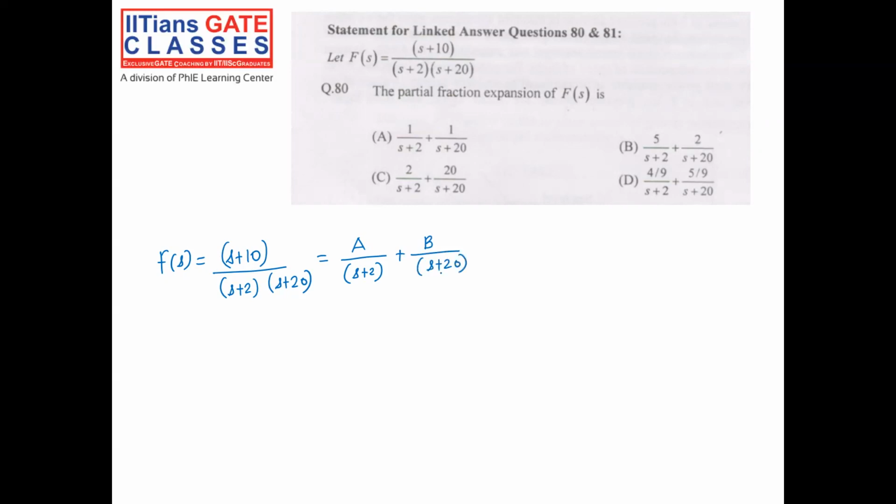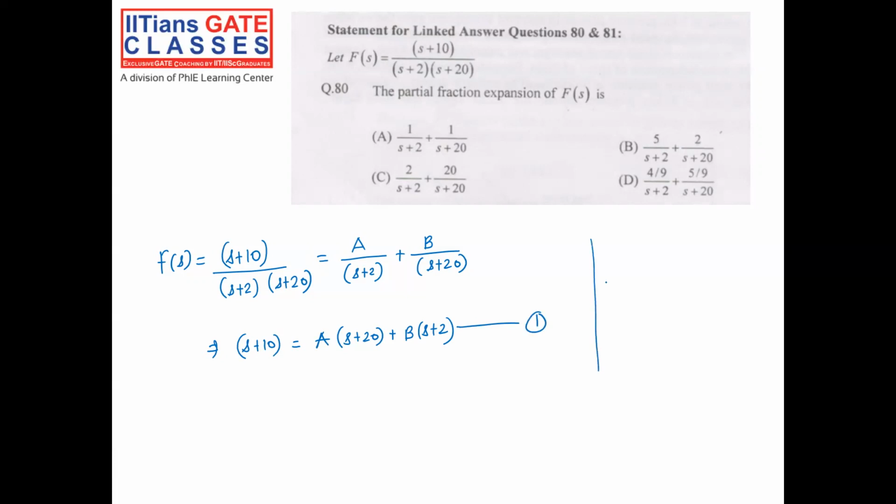By cross multiplication, s plus 10 is equal to A times (s plus 20) plus B times (s plus 2). This is equation number 1, and if we solve it, we will end up with the values of A and B.